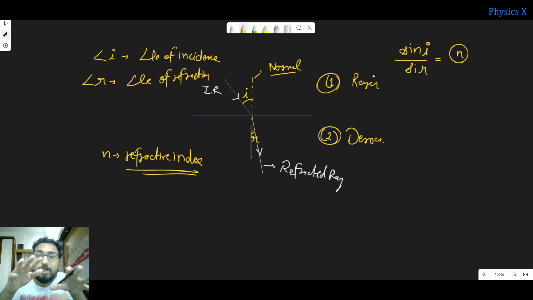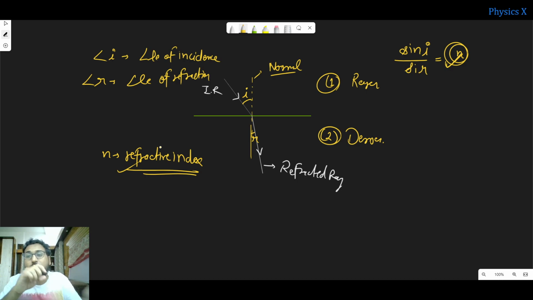Because this refractive index is used to distinguish materials, whether they are optically rarer or optically denser. That judgment is always based on the numerical value of n, which is called the refractive index. The more this value is, the more the refraction is.